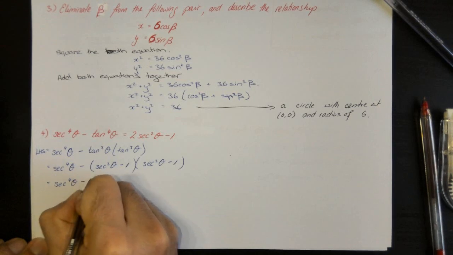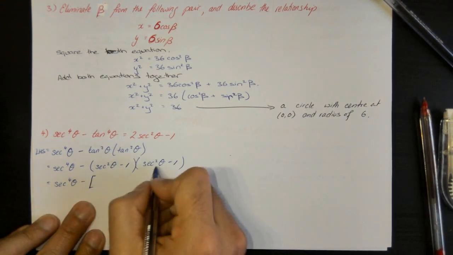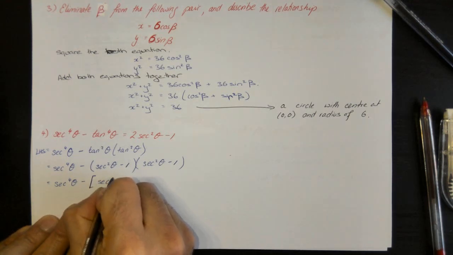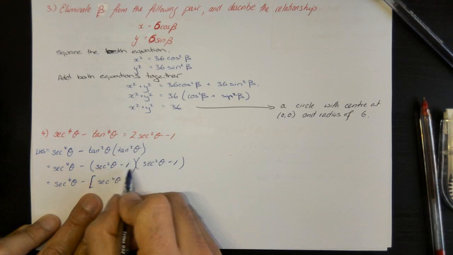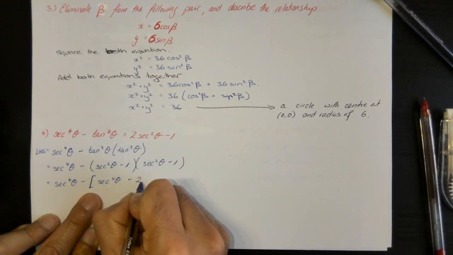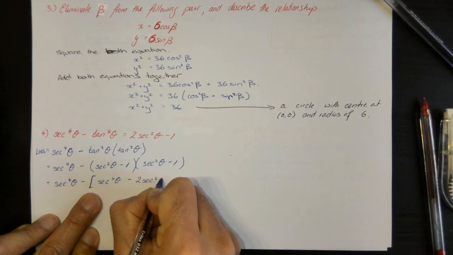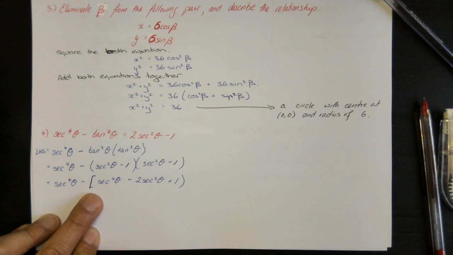Well, let's just expand this binomial product. So that's going to become sec 4 theta, multiply them together and then double them, becomes negative 2 sec squared theta. Square the last term becomes plus 1.